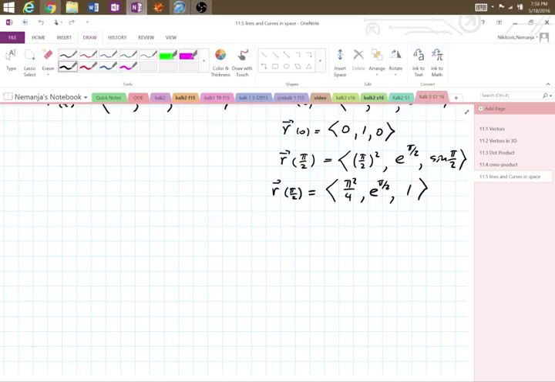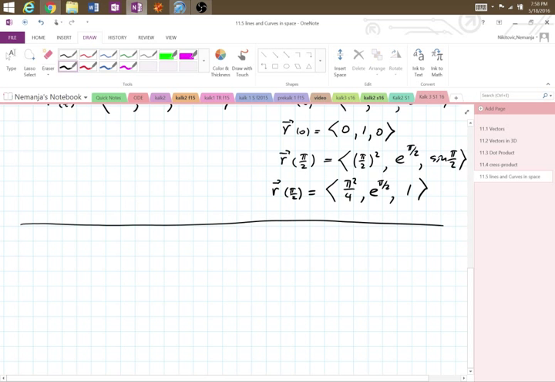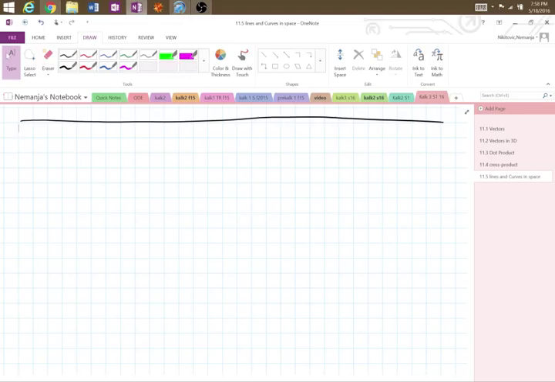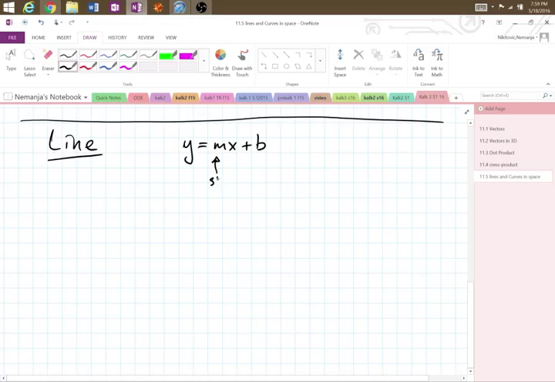So we would like to learn, first, the easiest creature. And the easiest creature is the straight line. So we start with learning about the straight line. We have the notion of the slope and the y-intercept from the good old algebra. y equals mx plus b, where m is the slope and b was the y-intercept.